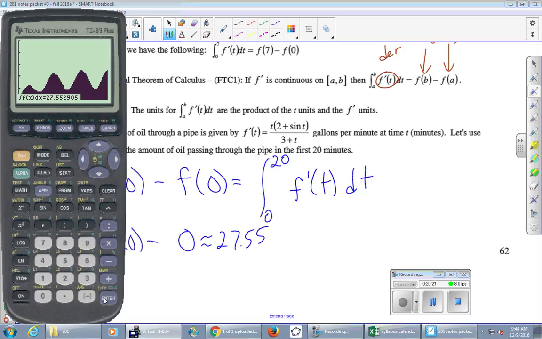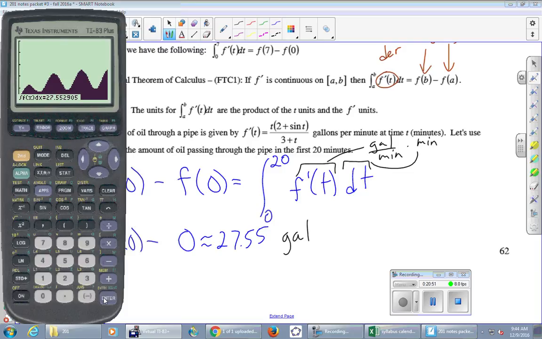It's supposed to represent oil, so it better be gallons. But let's make sure that it agrees with what we said before. The units for the integral are always these units times these units. What are the units for f prime? That was gallons per minute times. What were the units for t? It's minutes. And so ultimately, gallons is exactly what we get. So 27.55 gallons flowing through.